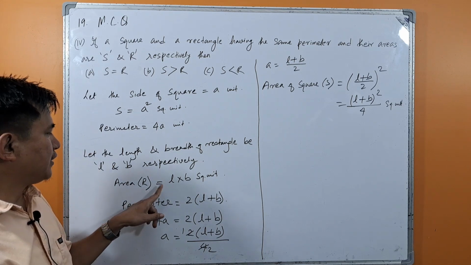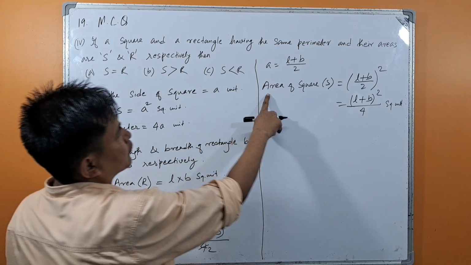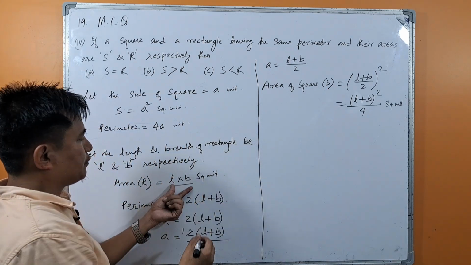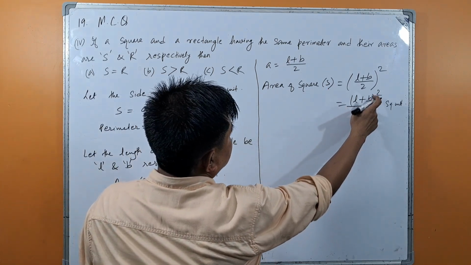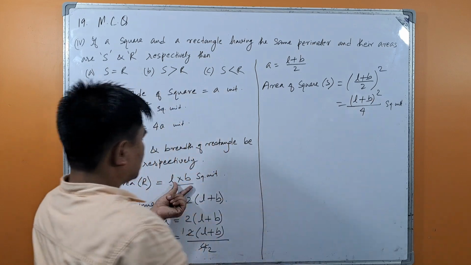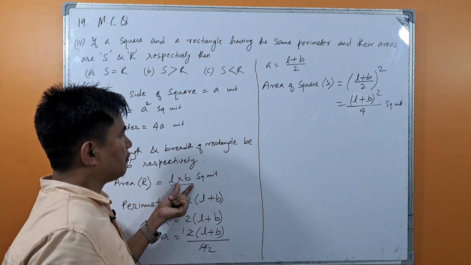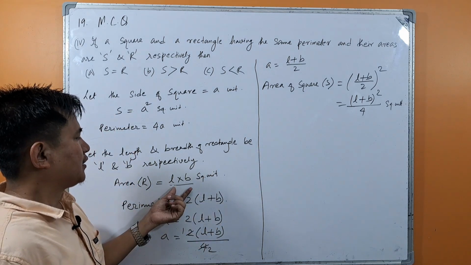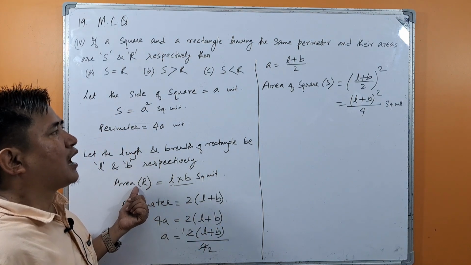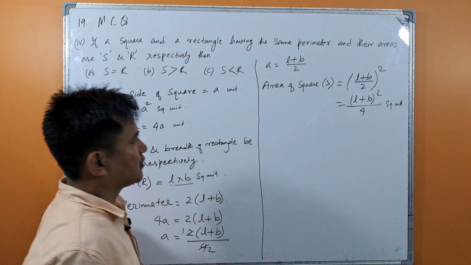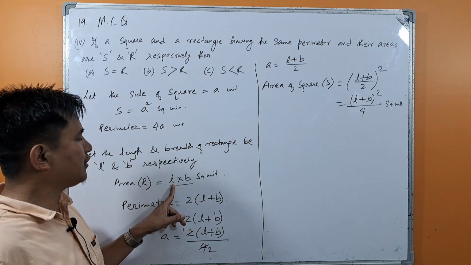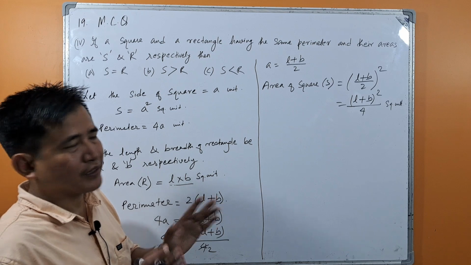Area of rectangle, that is R, and area of square, that is S. Now L into B and L plus B square upon 4. We will compare these two terms, which one is greater, and after that we can easily say R is greater or S is greater. For that, let us suppose the values of L and B separately for two conditions.